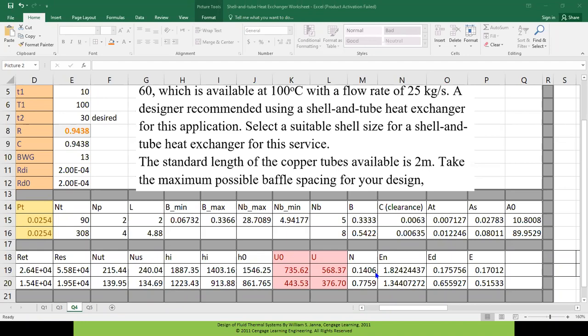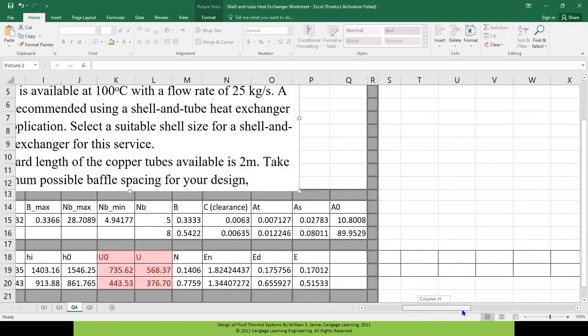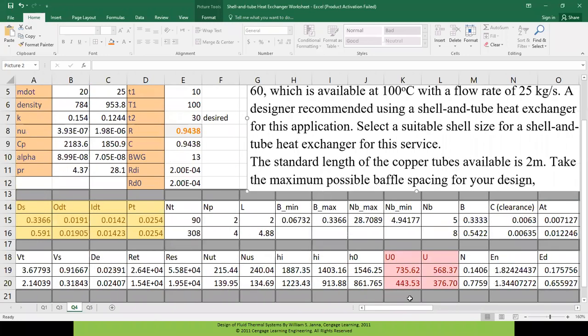One second, Hadi. BWG depends upon the strength, structure, and what analysis.